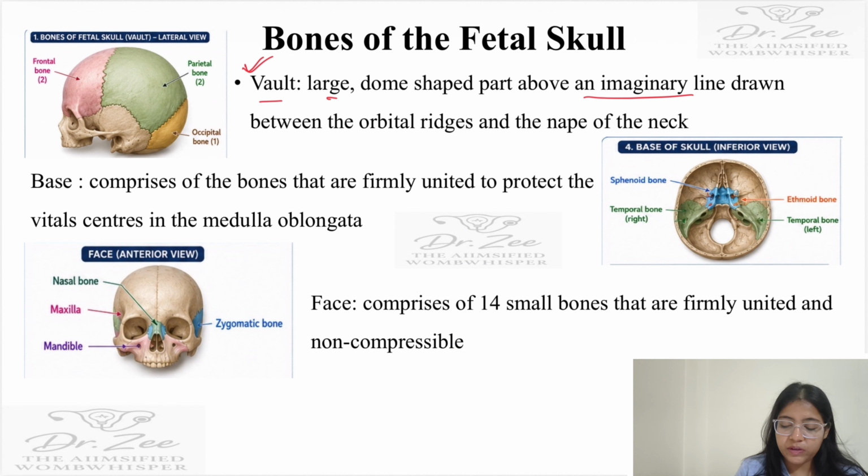It is a large dome-shaped part above an imaginary line drawn between the orbital ridges. So these are the orbital ridges. If you draw an imaginary line, the part above it forms the vault, and the nape of the neck. Actually, it is like this.